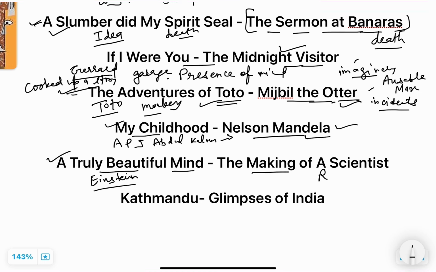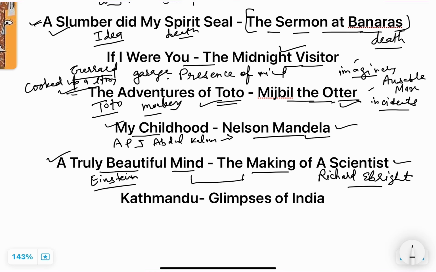So in this chapter we shall know about Richard E. Bright, how he was as a young child, what he learned throughout his journey, and how his mother supported him. Apart from that, what are the qualities that make a scientist.